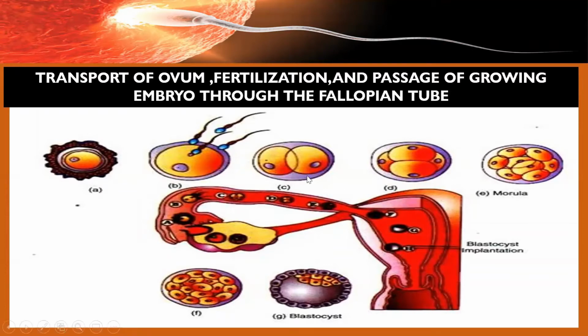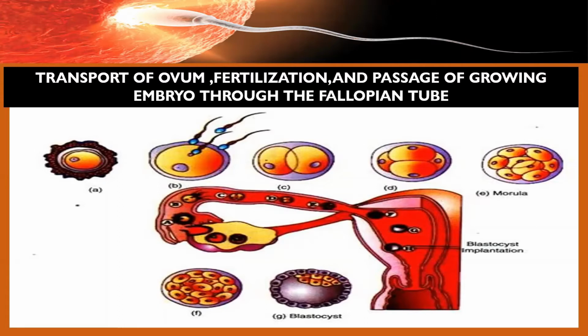First of all, it divides into 2, then 4, then 8 cells. The initial divisions that occur in the zygote are known as cleavage. One more thing, students, the human ovum does not have any yolk.